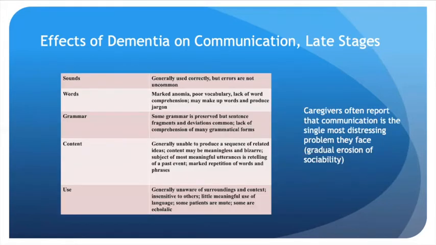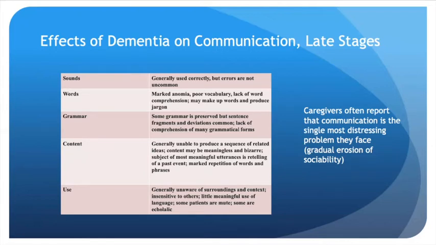And then the later stages, as I mentioned, there's very little coherent speech and language at this point. As I mentioned, they can even eventually become mute towards the final stages. Caregivers often report that communication is the single most distressing problem they face because they have this gradual erosion of sociability.